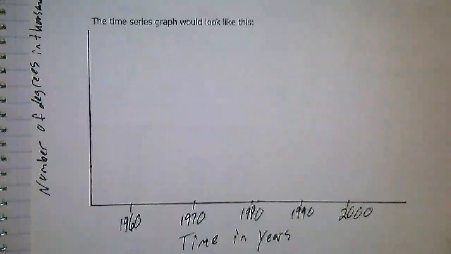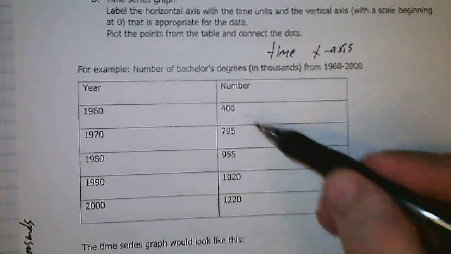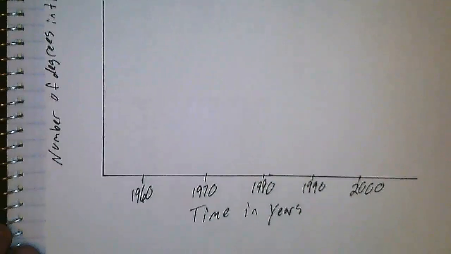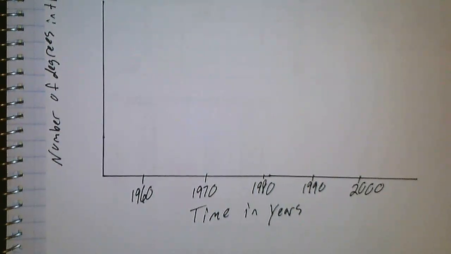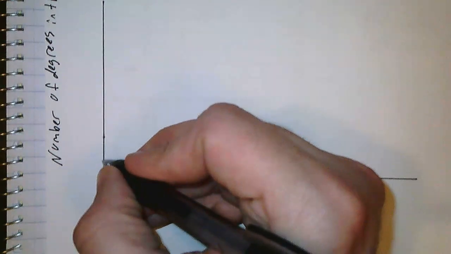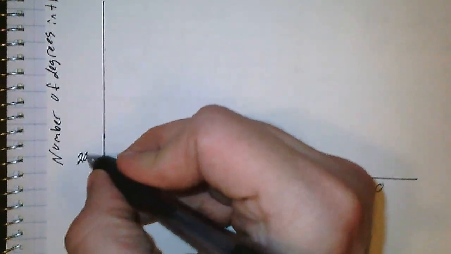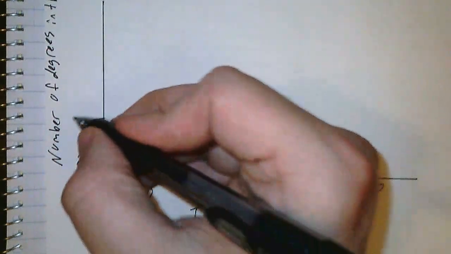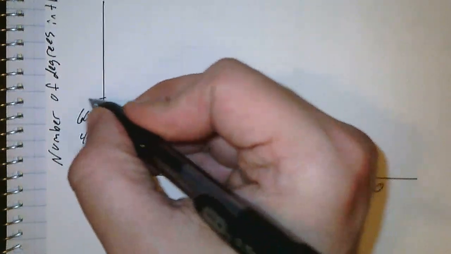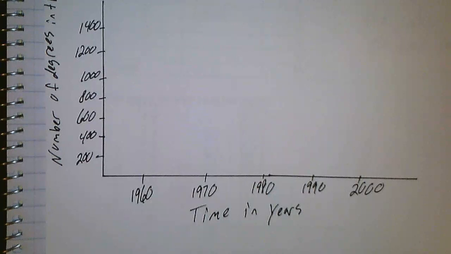So the first entry we have for the number of degrees in thousands is 400. And then we're going to go up to about 1200, or 14, I guess. So let's say this is 200, 400. We'll go in increments of 200. It's kind of up to you what increments you want to use. You just want it to be readable. That's not spaced exactly, but good enough.